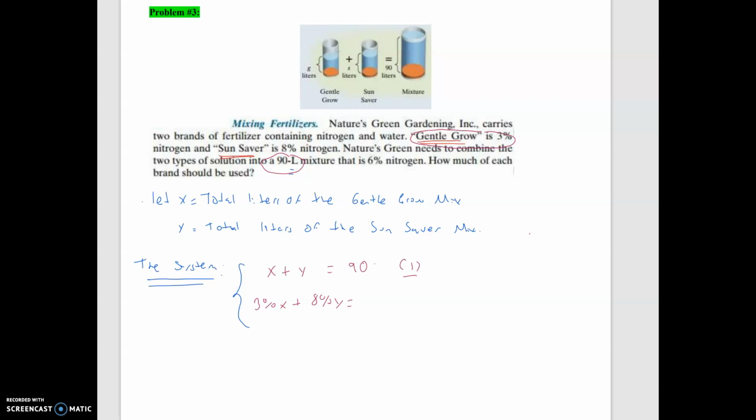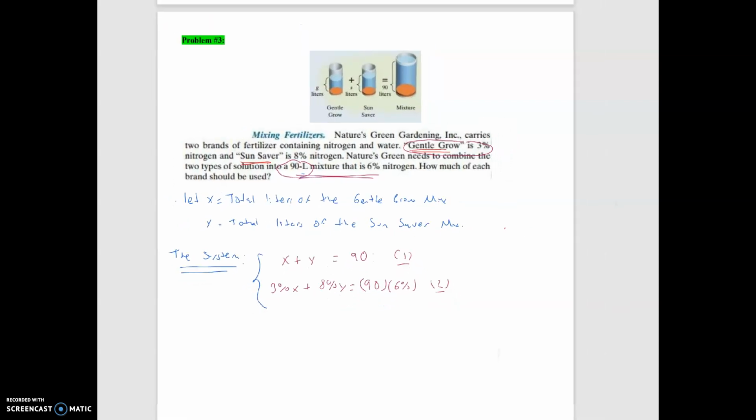This is equal to our final mixture, which is going to have 90 liters with a concentration of 6%. That's going to be our second equation.